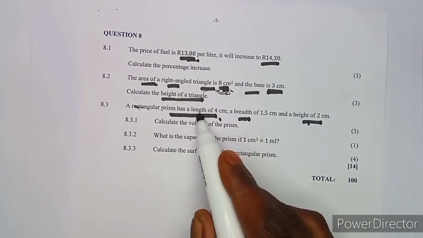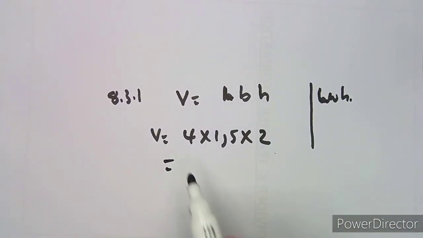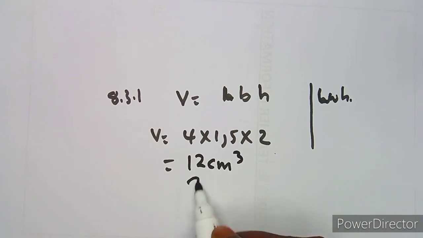You just take the length as it is, the breadth as it is, the height as it is. Then you can multiply and obtain the answer, which is 12. So this was 12 cubic meters, and it's direct like that.